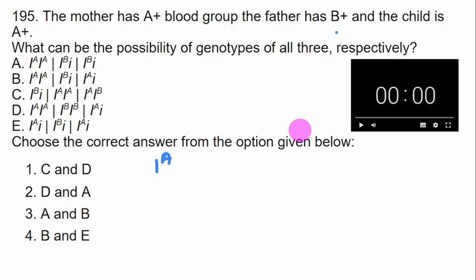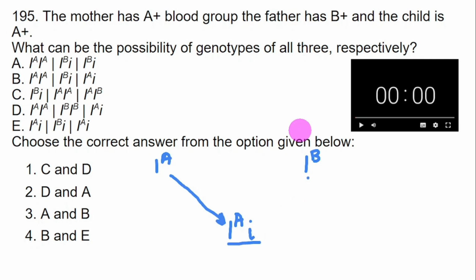Father has B positive blood group. So father definitely is carrying one dominant allele for B, and child is A positive. So child is also definitely carrying the dominant allele for A. Father is not A, okay? So this A has come from mother, and the child is not B, indicating that the other allele is recessive.